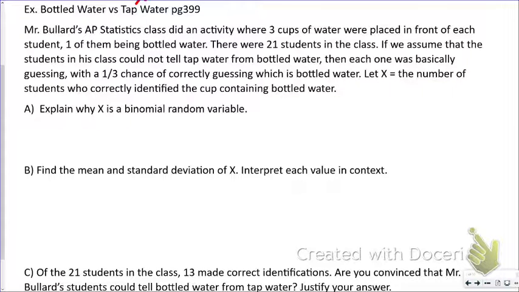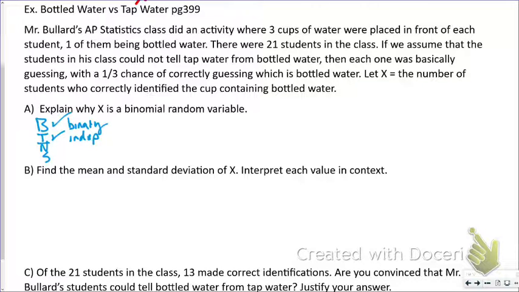So we need to define it as binomial. So this is a check: it is a binary situation. They guess right or they guess wrong. Independent, we're assuming in this class of students, no one student is helping another student.